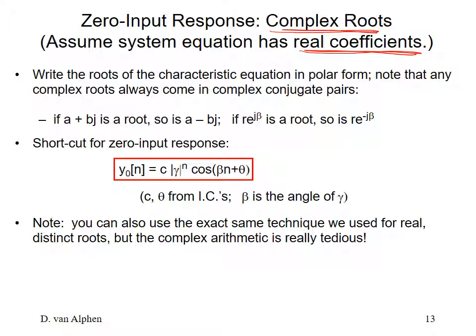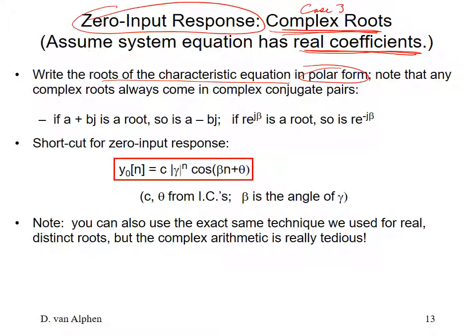The question is basically going to be find the zero input response. So the way we're going to find the zero input response for case 3 is we're going to write the roots of the characteristic equation in polar form. So I find the gammas.